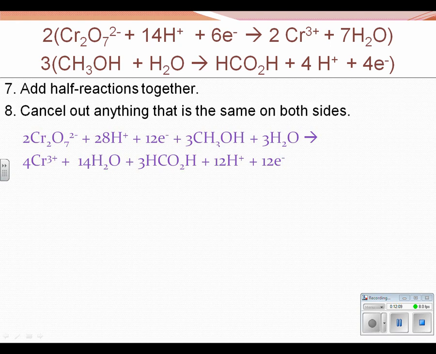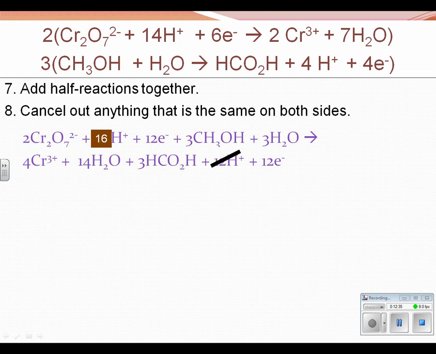Okay, now you're going to cancel out anything that is the same on both sides. Well, I don't have dichromate ions on both sides, so it has to stay. I do have hydrogen ions on both sides, though. So I have 28 on one side and 12 on the other, so I'm going to subtract the 12 from the product side, and that will leave me with 16 hydrogens.